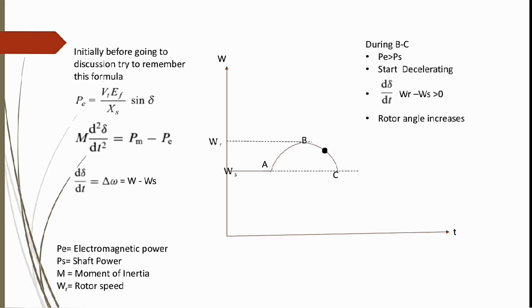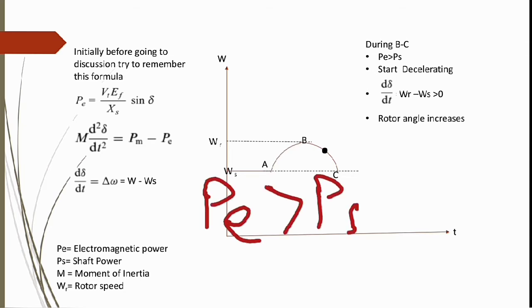Yes. So now we are going to discuss what happened from B to C, when the rotor goes from B to C position. In this position we know PE is greater than PS, or you can say the mechanical power.